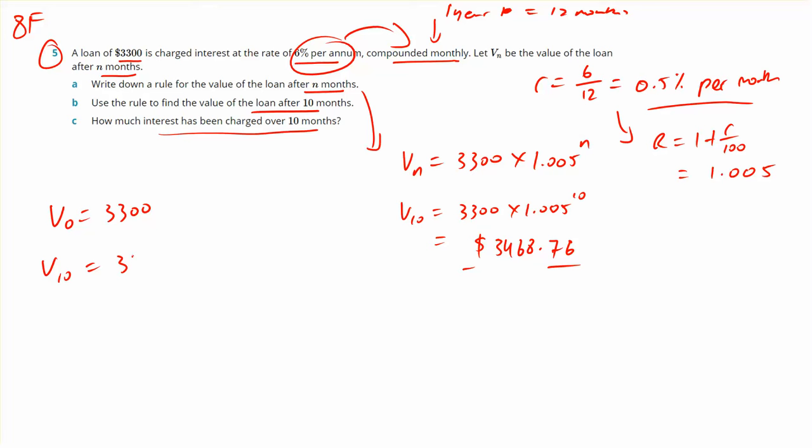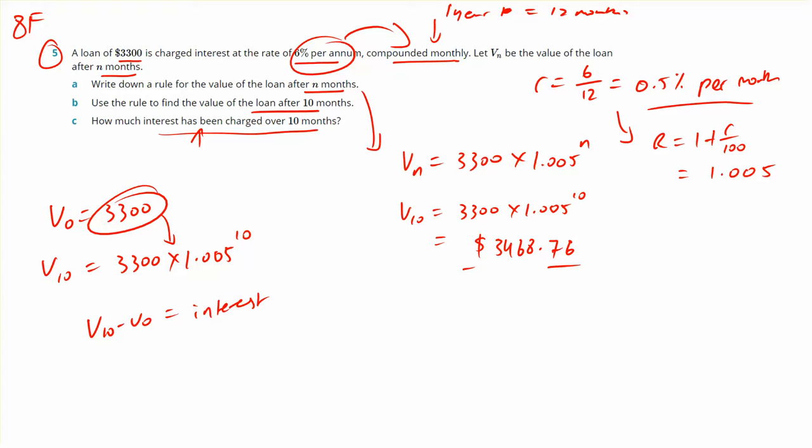Because V10 is given by 3500 times 1.005 to the power 10. If I take the difference of V10 minus V0, I actually get the interest charged. Because if I take away the principal amount, whatever is left over must be the interest charged on the loan.